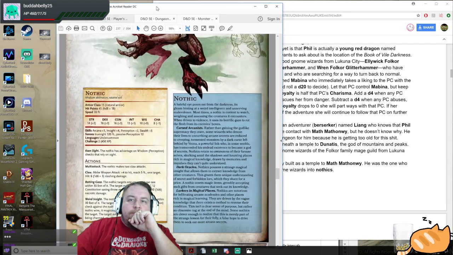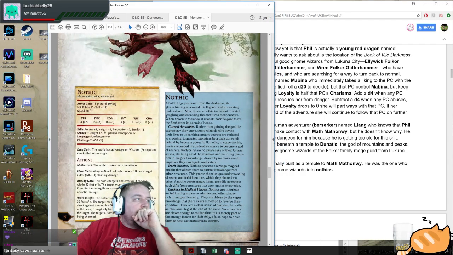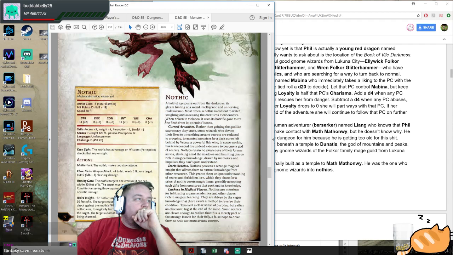And the first trait for the Nothic is a cursed arcanist, right? So they were once arcane magic users who have been cursed with this aberrant form, right?